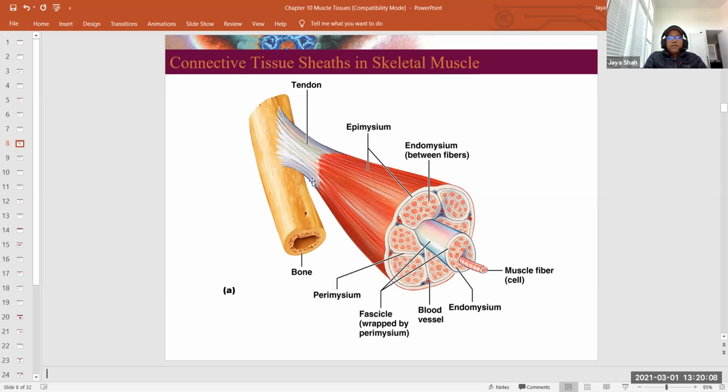So this is an organ of muscle, a whole muscle. The muscle is attached to bones, and this is a cut section. Another end of the muscle will also be attached to another bone.